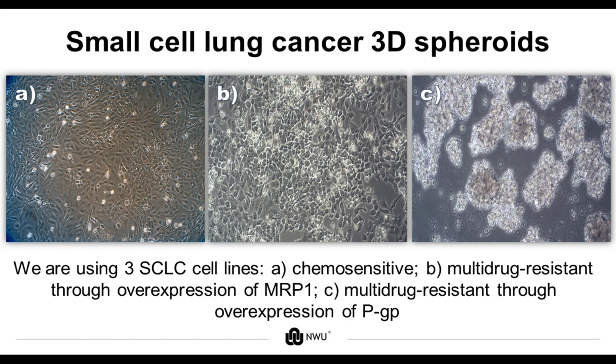We are using 3 human small cell lung cancer cell lines, of which one is chemosensitive, one is multi-drug resistant through overexpression of the MRP1 efflux transporter, and the last one is also multi-drug resistant through overexpression of PGP.